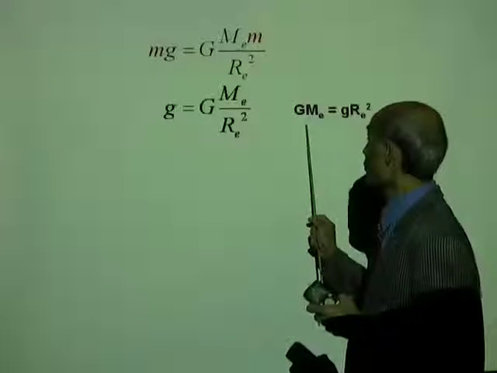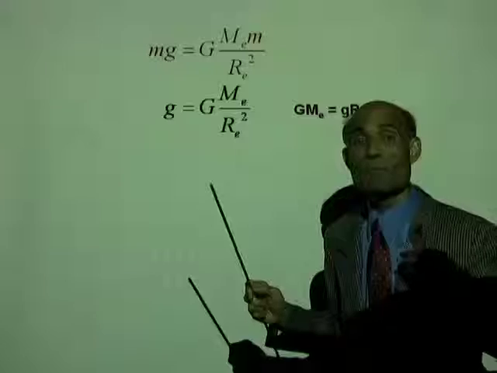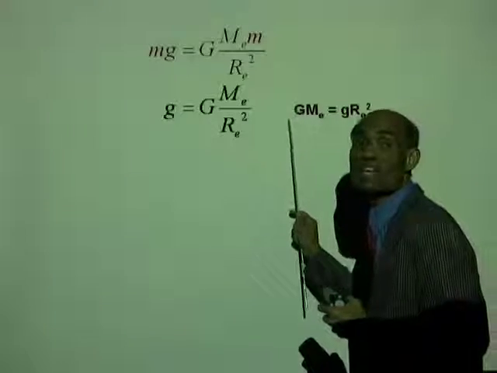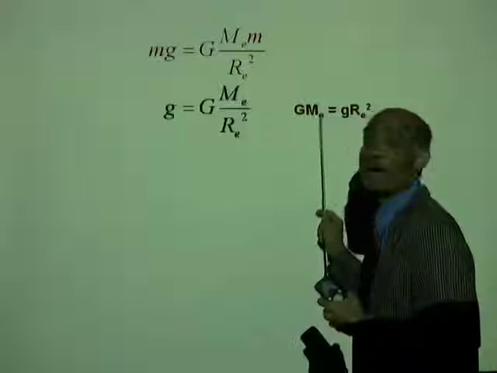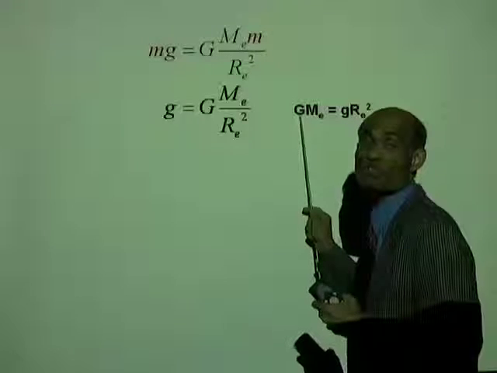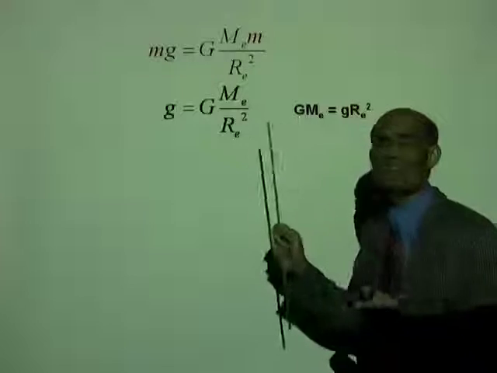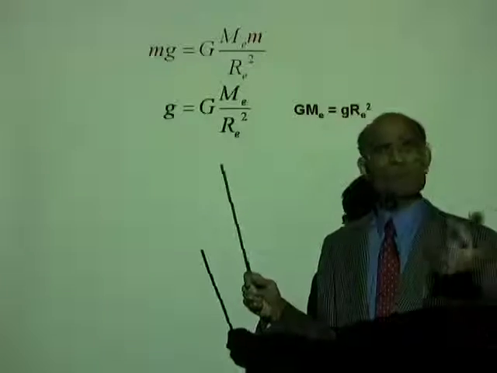Now, the significance of this statement is that there are many places in this lesson where we may need the value of big G multiplied by ME, the mass of the Earth times the universal gravitational constant. Now, these values are not very readily available for most of you unless you remember them.